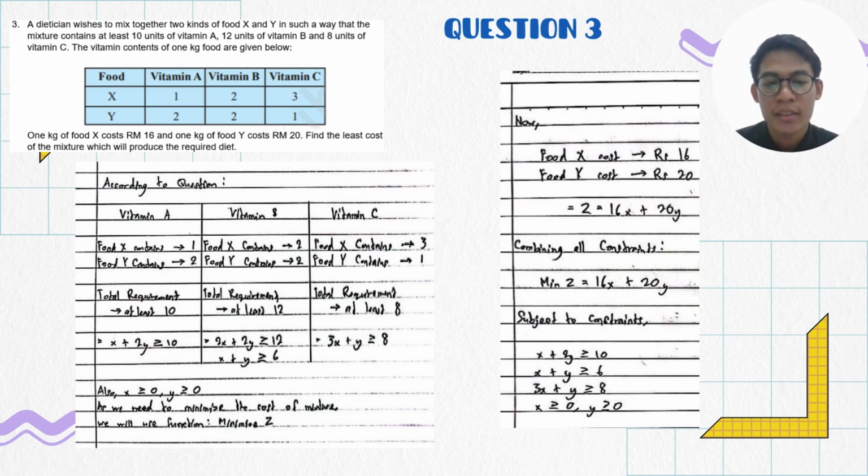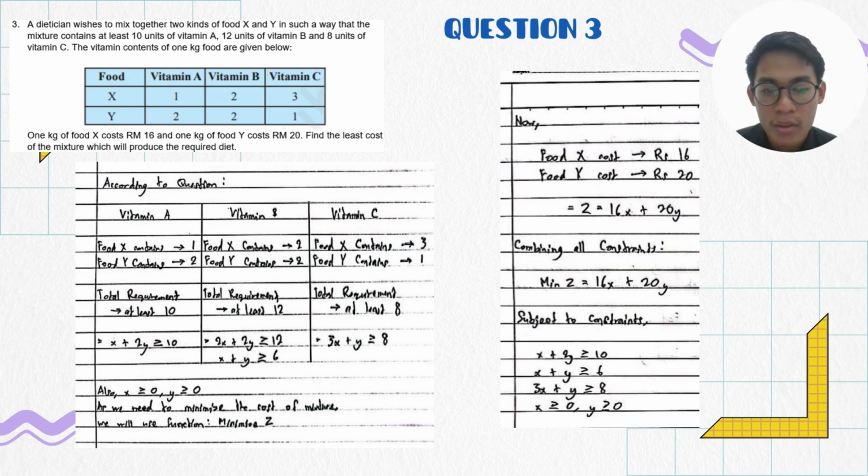Now, food X costs 16 ringgit while food Y costs 20 ringgit. So z equals 16x plus 20y.